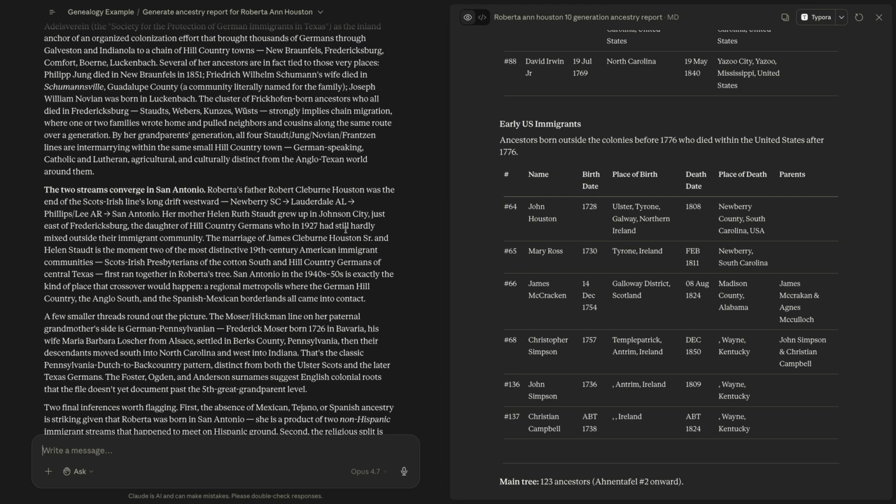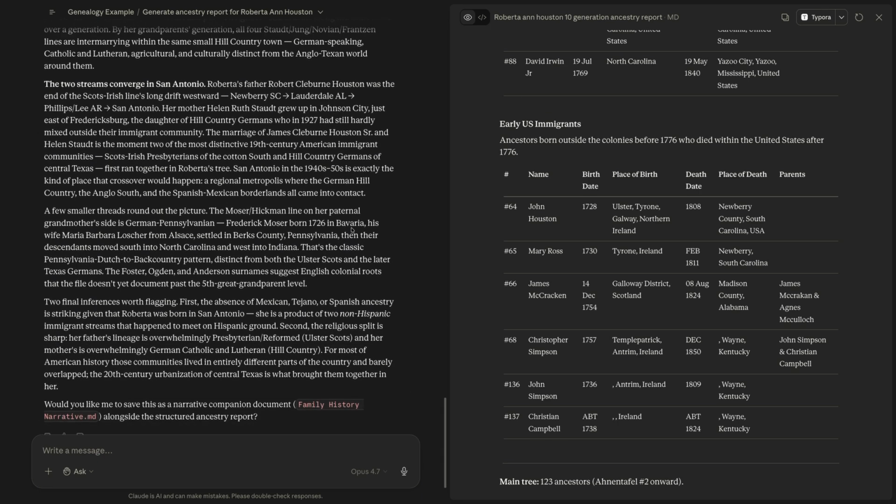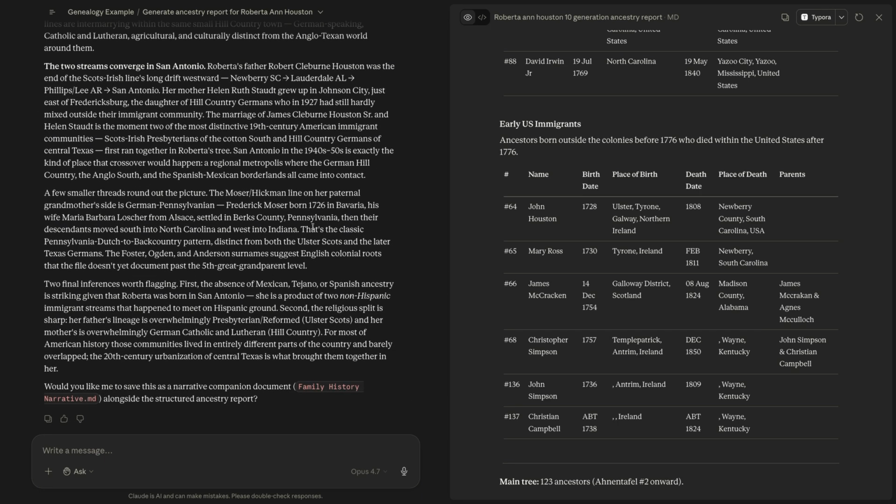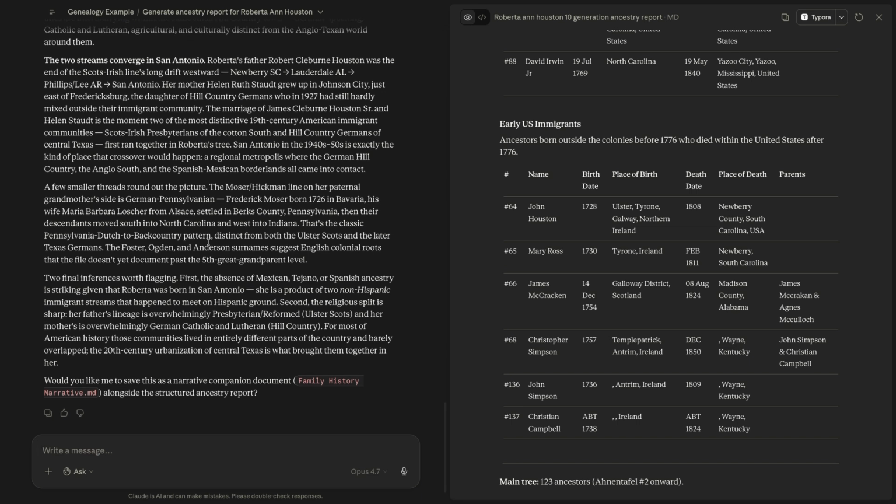The marriage is the moment the two most distinctive 19th century American immigrant communities, Scots-Irish Presbyterians of the Cotton South and Hill Country Germans in Central Texas, first ran together in Roberta's tree. It also points out the German Pennsylvanians. Moser, that's a good Pennsylvania Dutch name, which we see here, distinct from those other two.